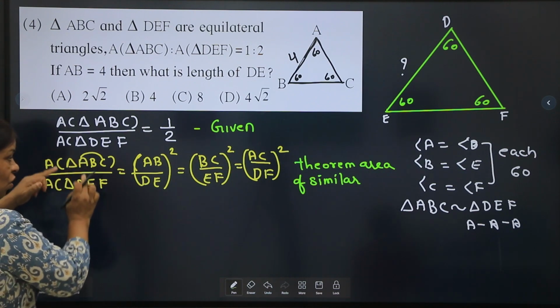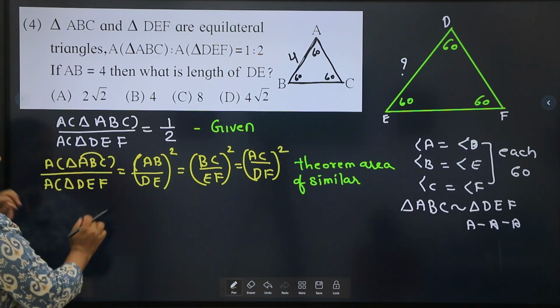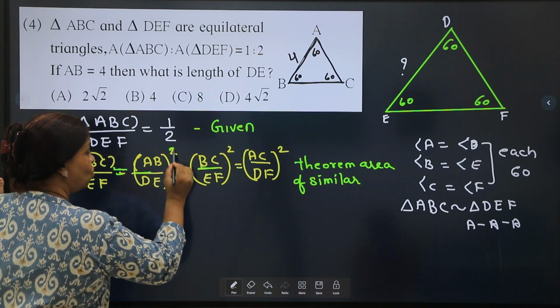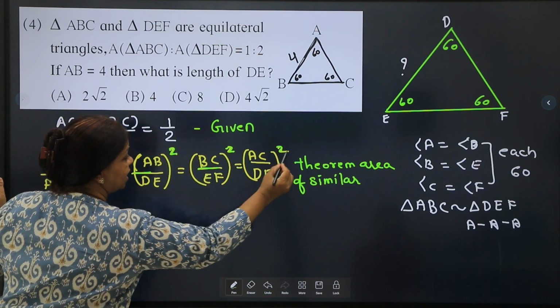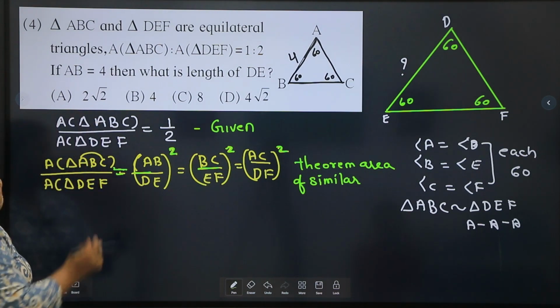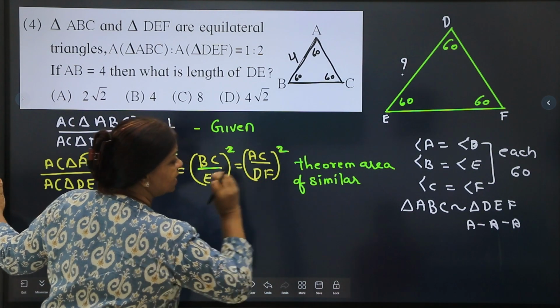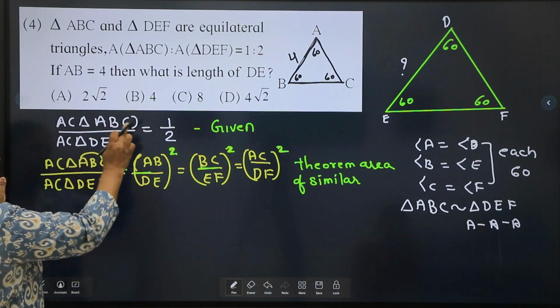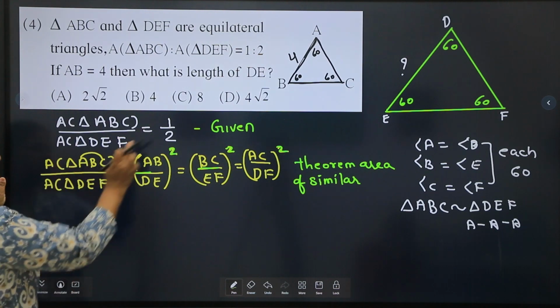Ratio of areas of two similar triangles is equal to the ratio of squares of the corresponding sides. That is the theorem of area of similar triangle. Okay, let's use this. Area of triangle ABC upon area of DEF is given as half.